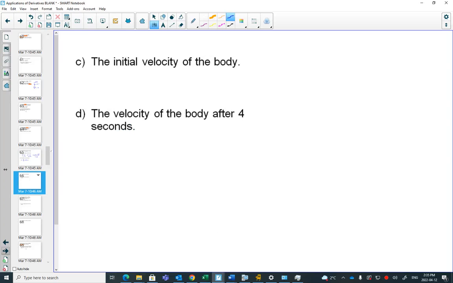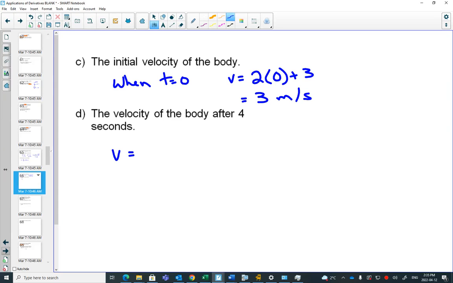And from that, we can answer questions like, what's the initial velocity? Anytime it's asking for an initial, that's when time is 0. What's the velocity after 4 seconds?